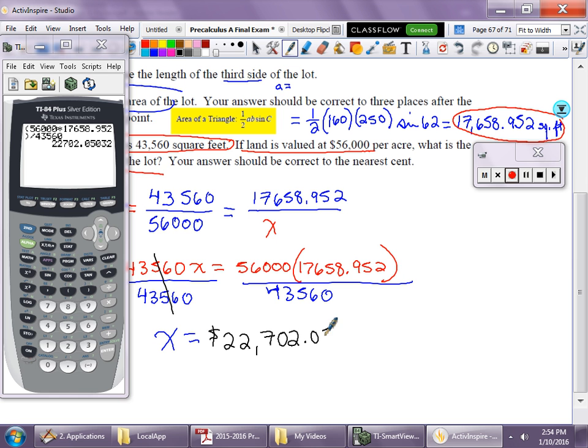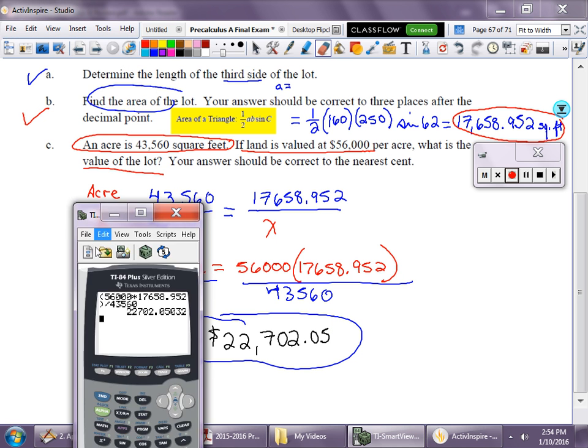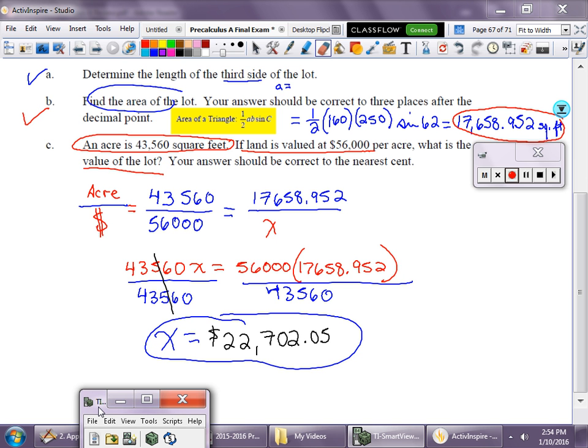And remember, money, even if they tell you round to 3 places, is by definition hundredths, so that's 2 decimal places. And that's how we do it. Proportion. Look at what they're, that's the biggest focus. Acre over land.